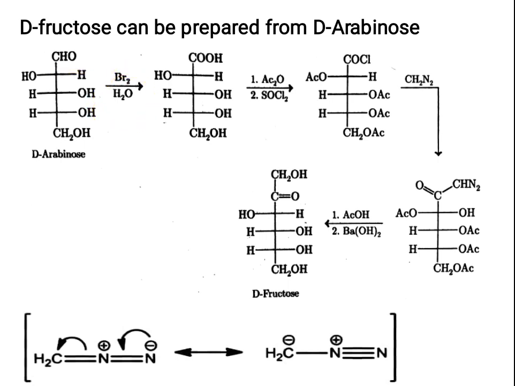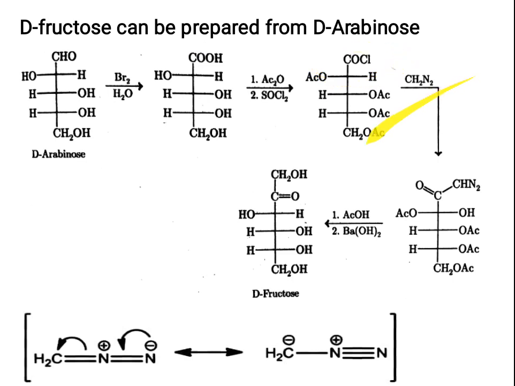This aldehyde group will be oxidized into carboxylic acid, and then you are adding acetic anhydride and SOCl2, that means thionyl chloride. Then you will get this structure where this OH will be converted into OAc, and this COOH group will be converted into COCl.